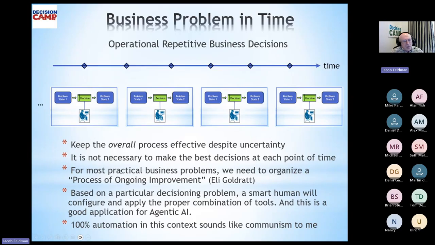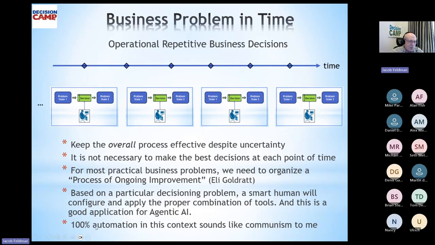Based on a particular decision problem, a smart human will configure and apply different combinations of our tools. So here we have a very good application for agentic AI, and probably agentic AI is our nearest direction for improvement of our decision intelligence systems.